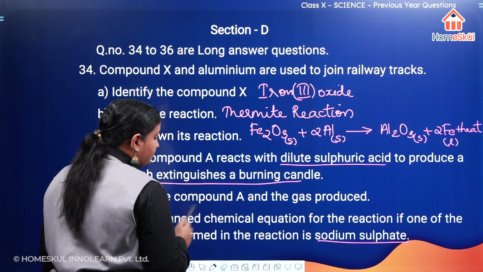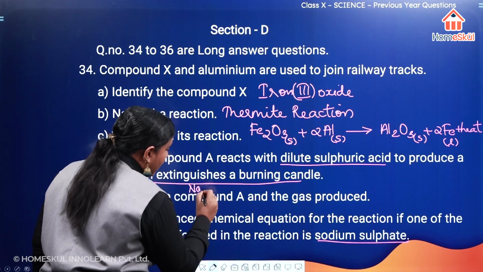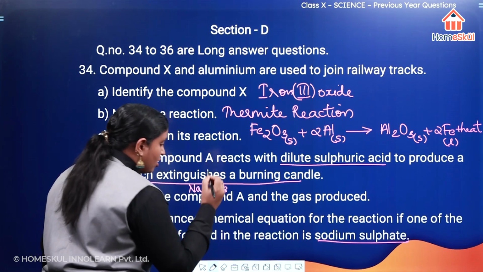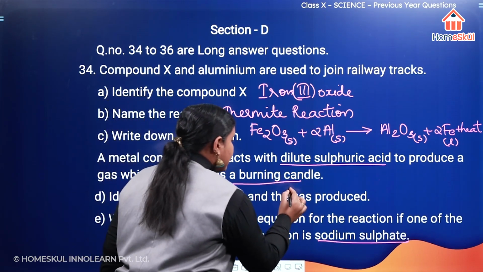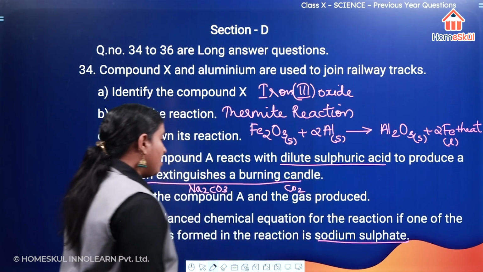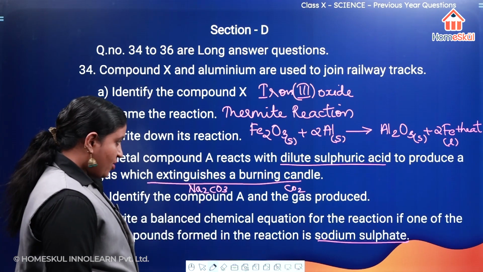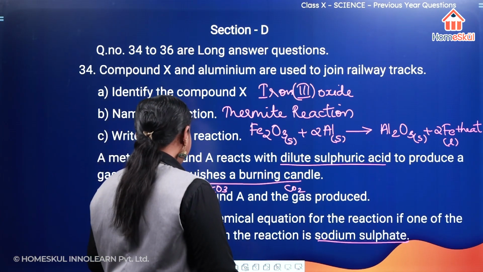Yes. So, what is compound A? Compound A is sodium carbonate, Na2CO3. Okay. And what is the gas produced here? It is carbon dioxide. Write the chemical equation. So, let's write the equation.